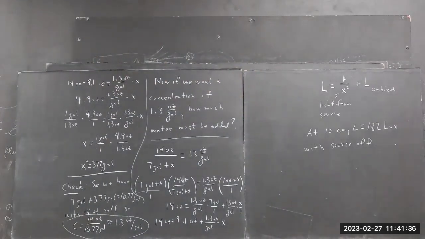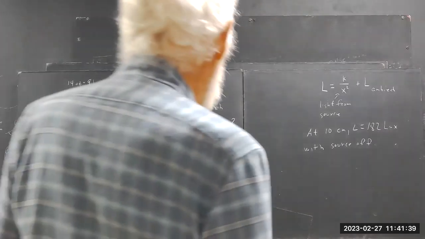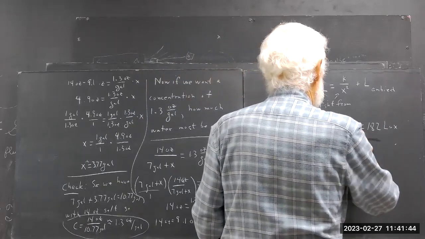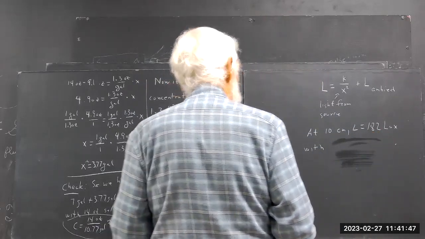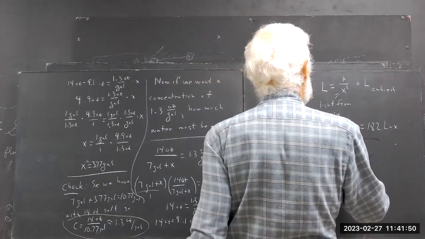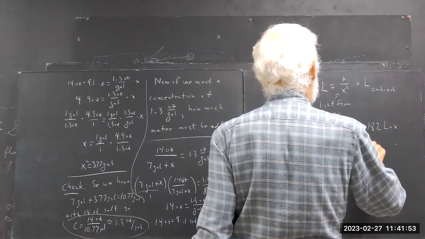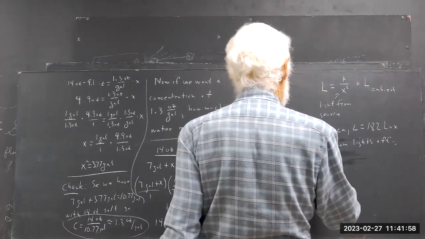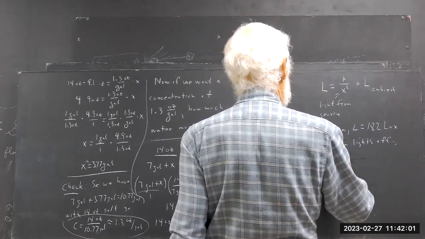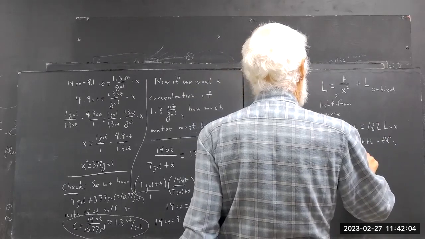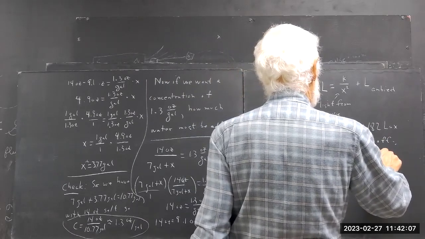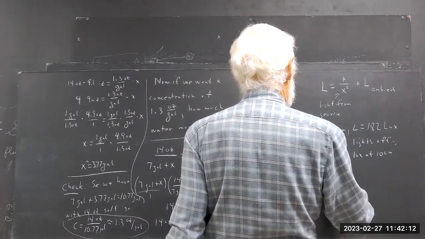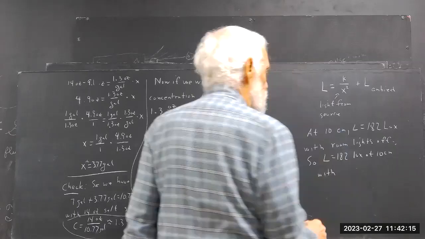And, nope, sorry, with the ambient light, and say with the lights off. Let's say the room lights are off. So the room lights off means your ambient is 0.